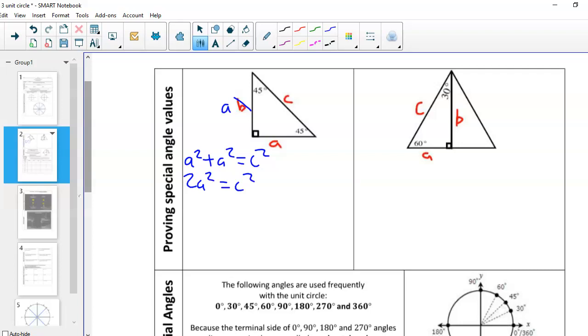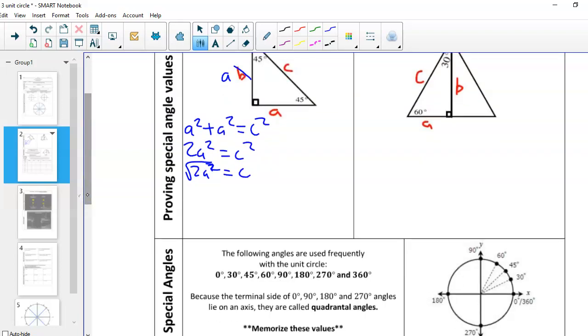And let's solve for c. So how would we do that? Yes. So when we take the square root of both sides, this really becomes a times the square root of 2, because the square root and the square are going to cancel.